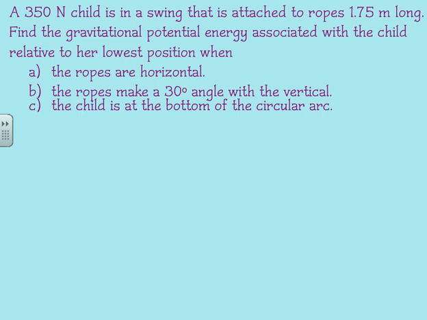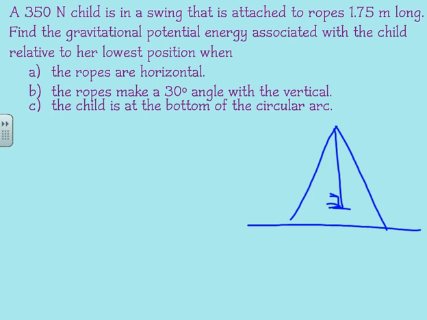I'll start by drawing a picture so that I can label on my picture where my reference level will be. So there's my child on the swing. This is when the ropes are vertical. Here's when the ropes are horizontal.